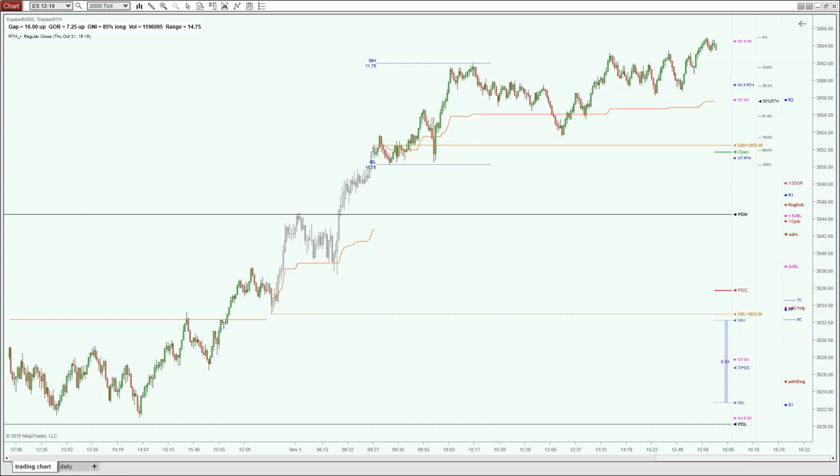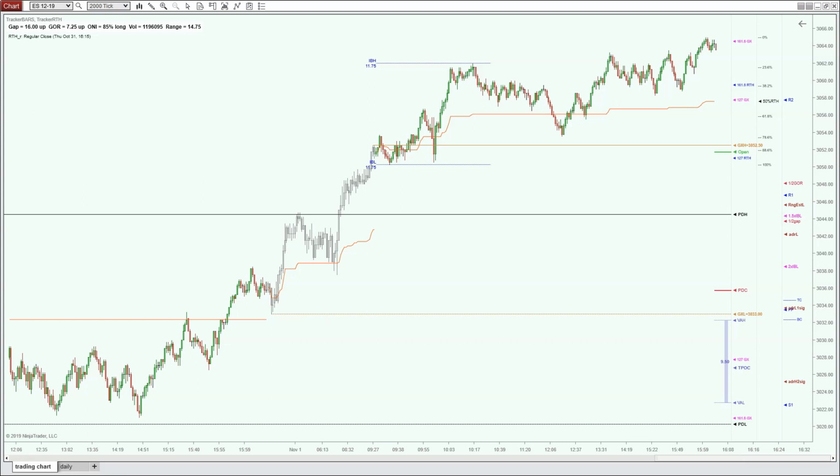For spotting confluences, perhaps your entries require confluence of 2 or more references, like a pullback to halfback at VPOC. You can also combine confluences with price action observations. So perhaps a pullback to halfback is combined with the observation that it is also a failed breakout of a swing high.